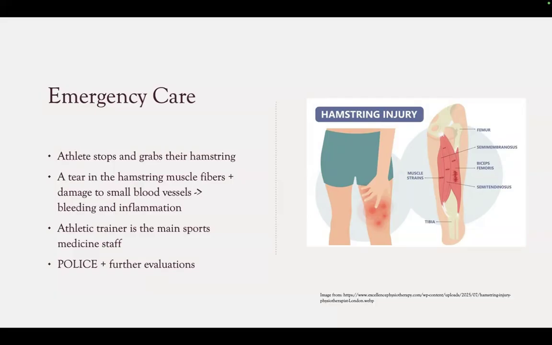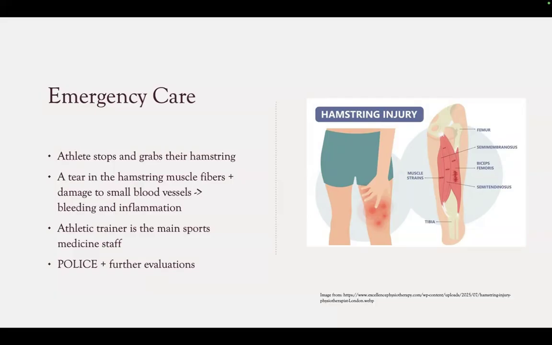So we have a tear in the muscle fibers of the hamstring, along with damage to small blood vessels that is overall causing the bleeding and the inflammation in the area. This initiates the first inflammatory phase of the healing.